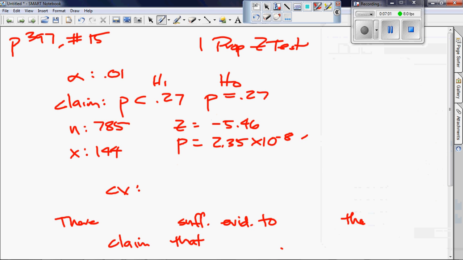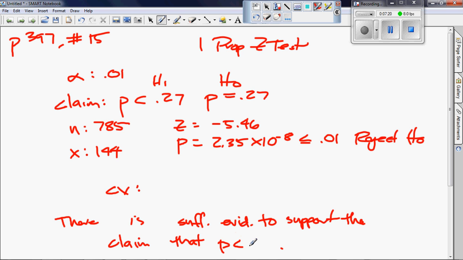Our p-value is less than or equal to our significance level, so we reject the null hypothesis. We can write our formal conclusion. There is sufficient evidence to support the claim that, and then restate the original claim, since our original claim is our alternative hypothesis: p is less than 0.27.